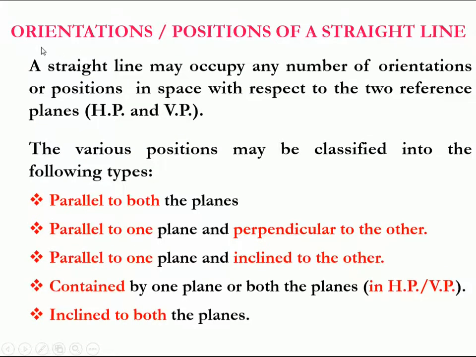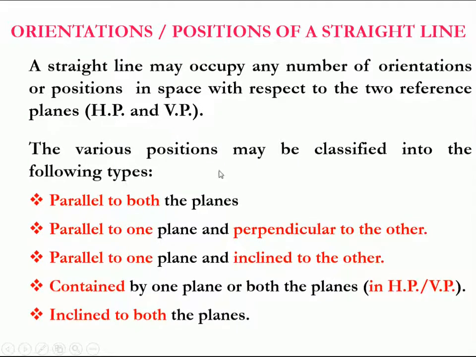Now let us understand the different orientations or positions of a straight line. A straight line may occupy any number of orientations or positions in space with respect to the two reference planes. We know the two reference planes are the horizontal plane and the vertical plane.